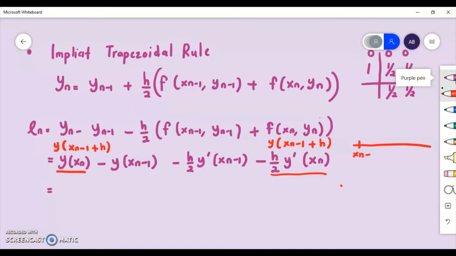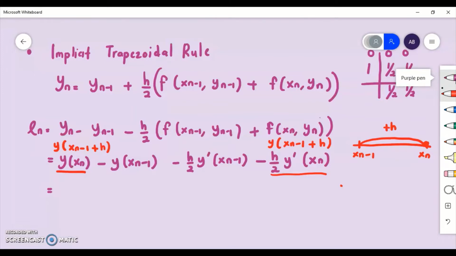I like to sketch to recall what I'm doing. So I can have xn minus 1 plus h to represent my xn. Or I can also have, this is a point at y at xn, right?